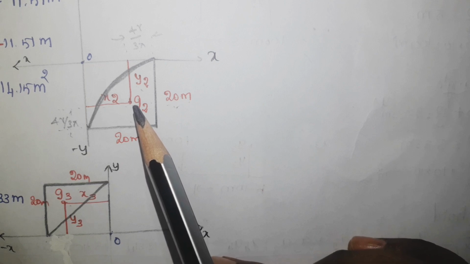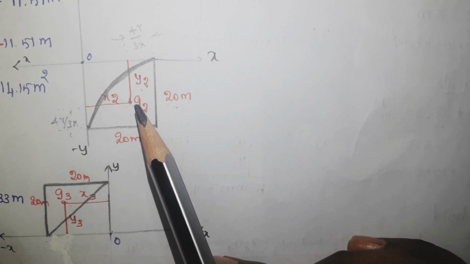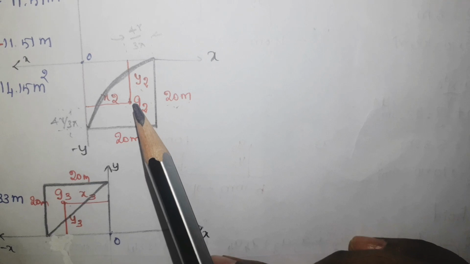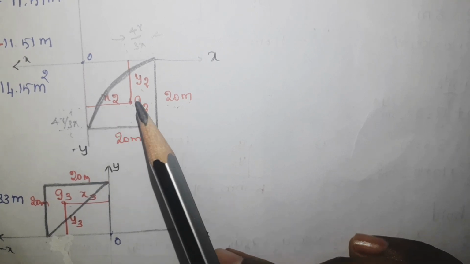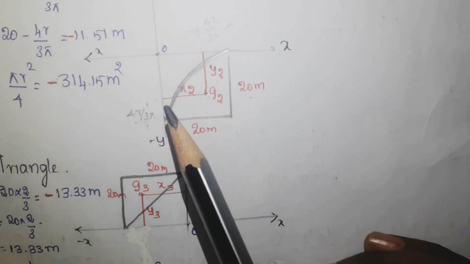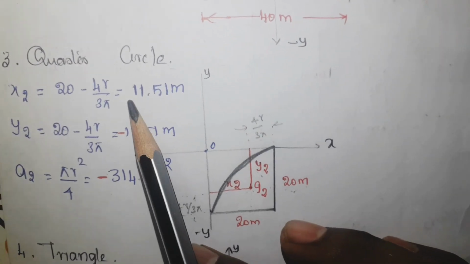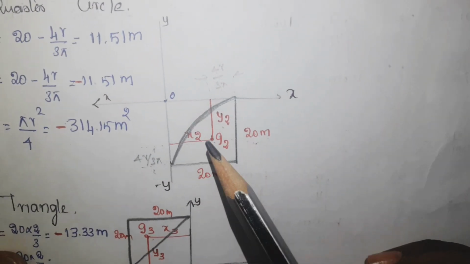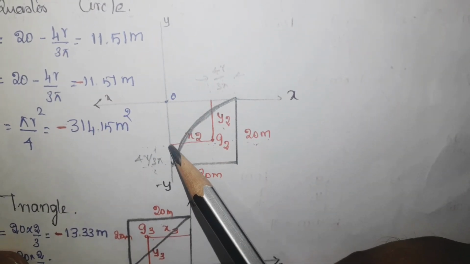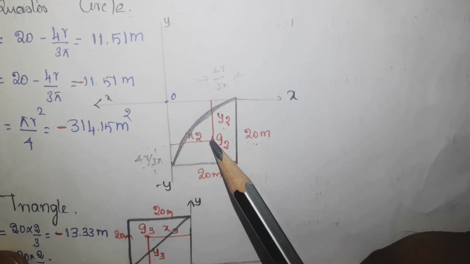This is G2, the centroid position. This is y2 and this is x2. Now to get the answer for x2, x2 is nothing but the distance between this y axis and this G2.